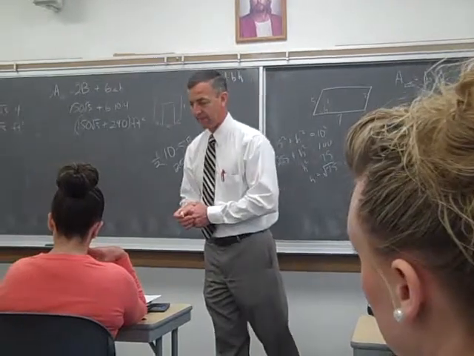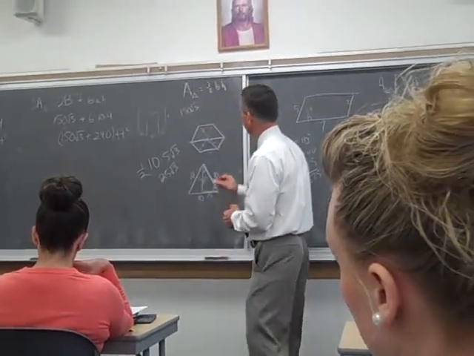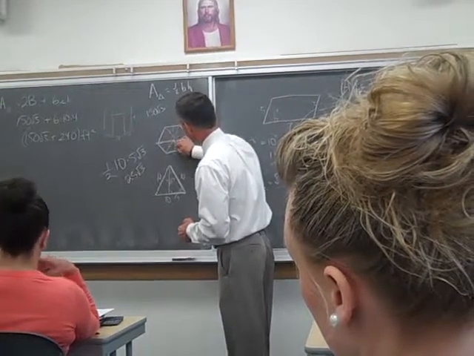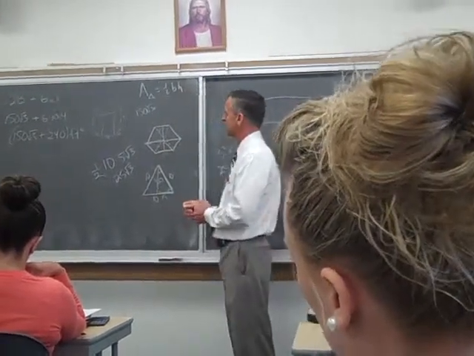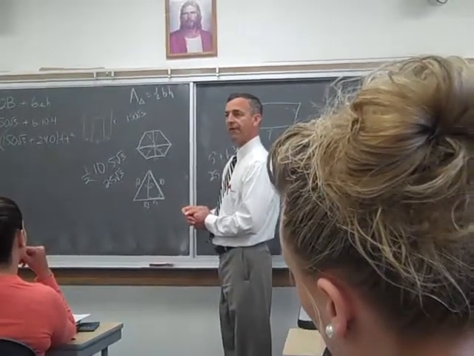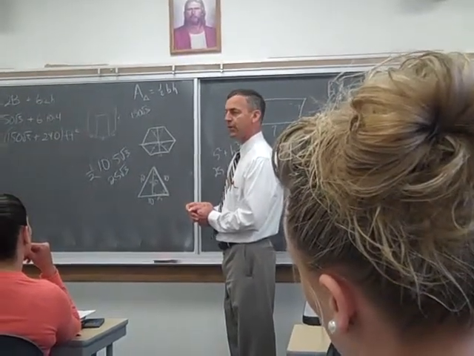What else? What's the distance from the middle of one side to the middle of the opposite side? From here to there. What's that? Is that also 20? 10. Shorter or longer?